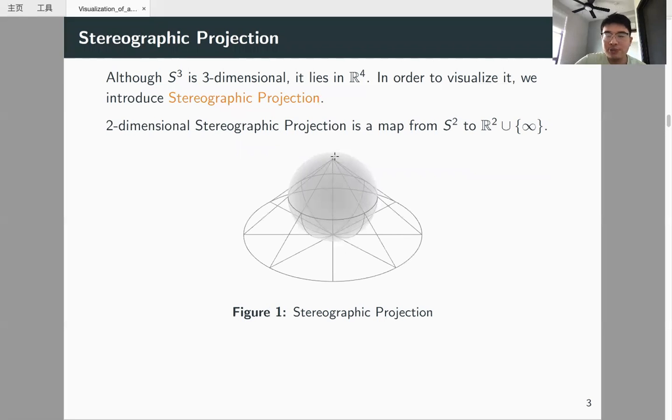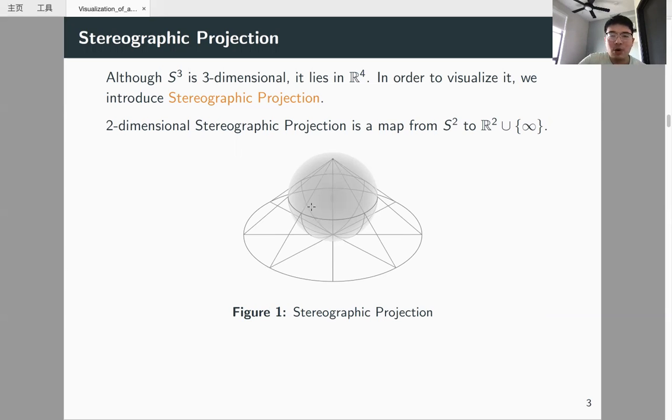For each point on the sphere, we connect this point with the south pole, and extend this line until it intersects with R2, the two-dimensional plane. This point on R2 is the image of the point.